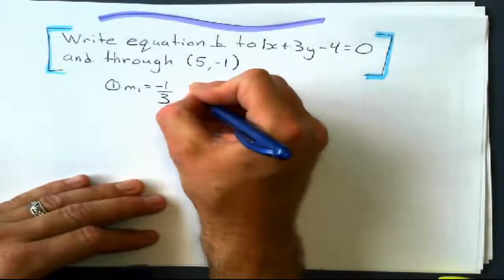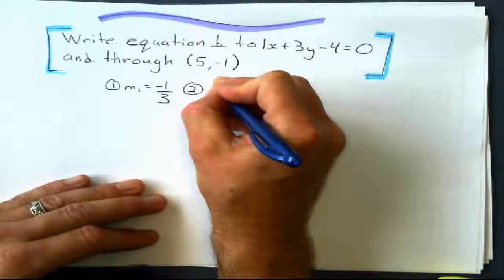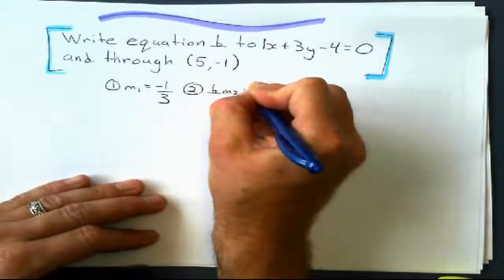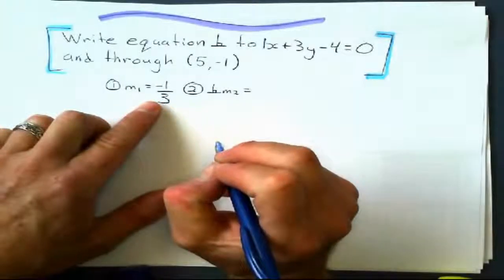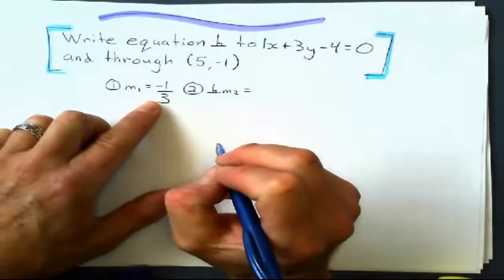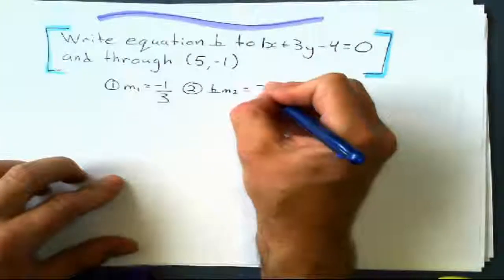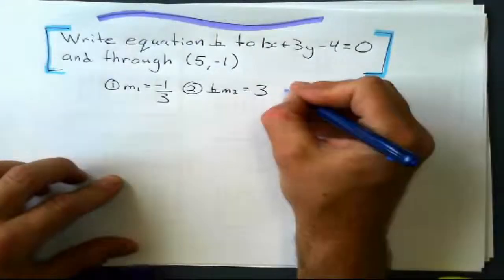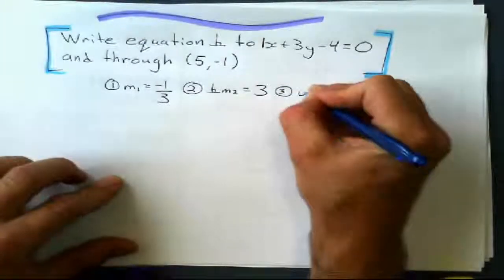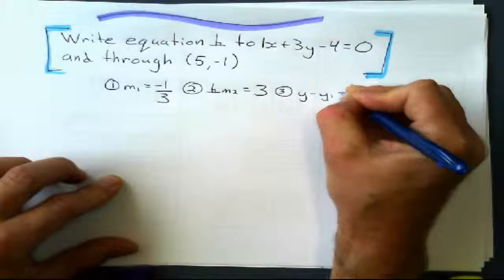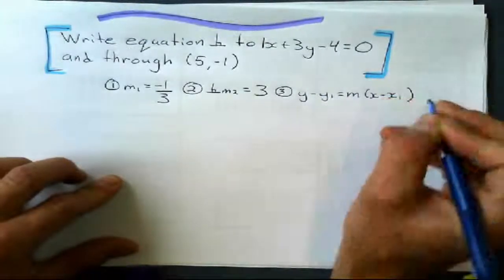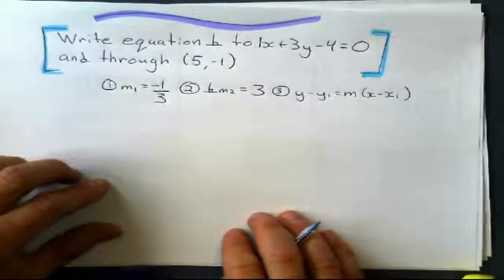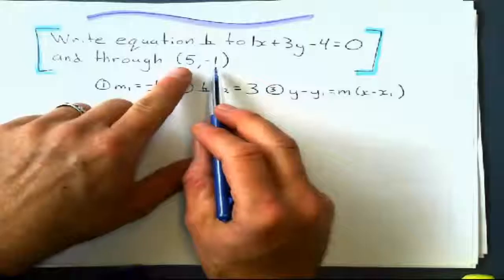Second step is to find the perpendicular gradient. Opposite reciprocal means positive 3. Third step, equation time: y - y1 = m(x - x1), and we substitute all our values in. Here's x1, y1.